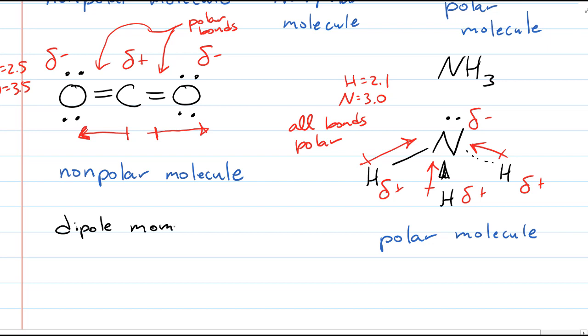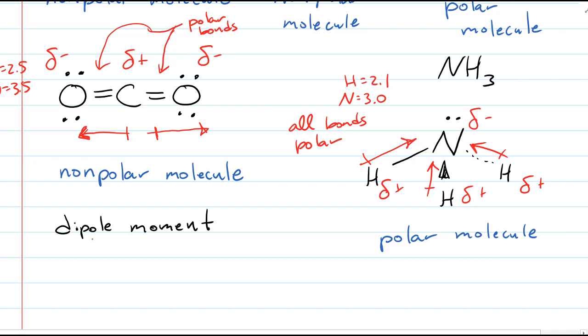Dipole moment. And this is a physics term. It's kind of related to a moment of inertia, though there's no inertia involved here. But it basically refers to whether there is an even distribution of electrons around the atom.